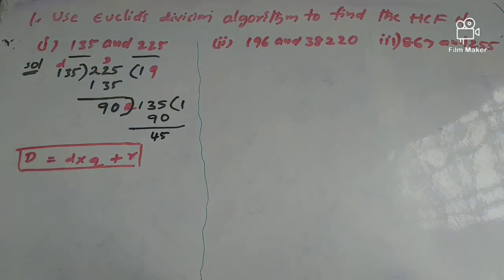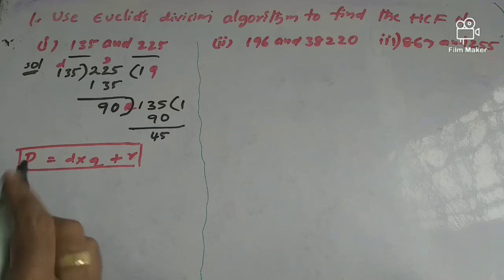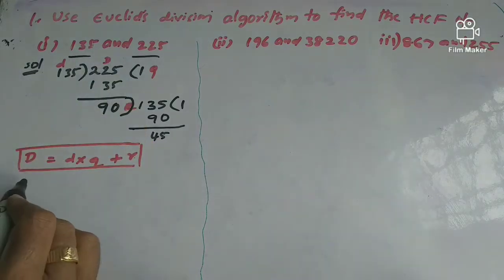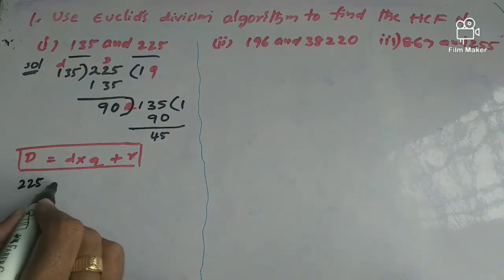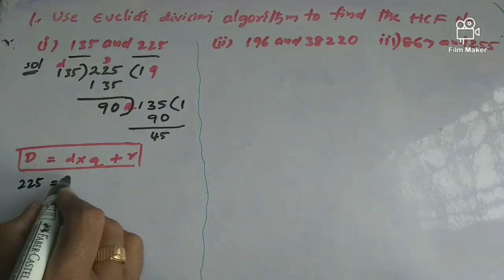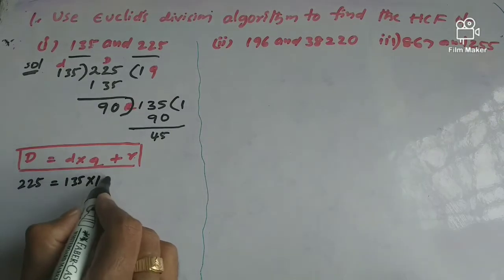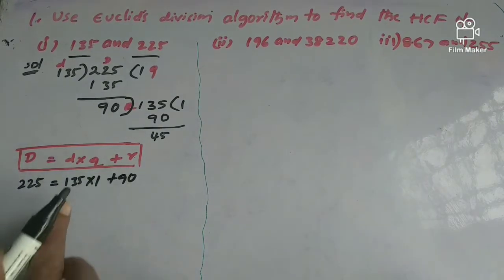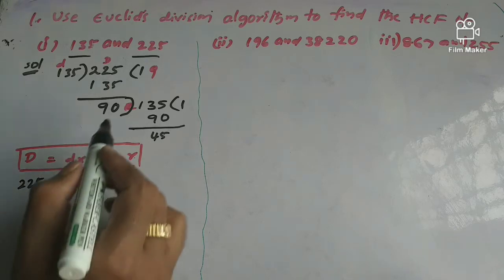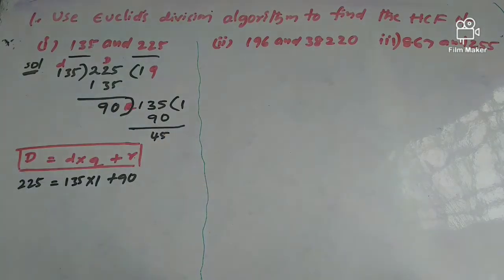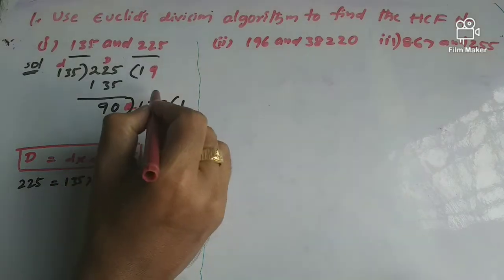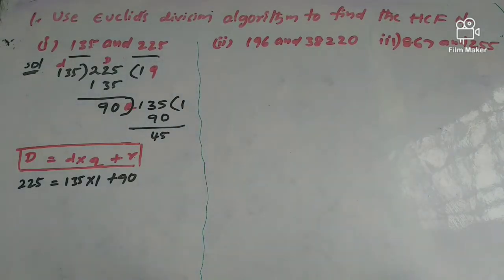Okay. So in the first case, 225 is my dividend, the divisor is 135 into quotient 1 plus remainder 90. So 135 plus 90 is 225. Now in the second step, you can see 135 is the dividend.